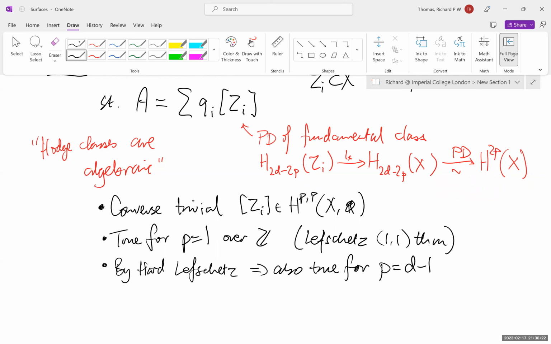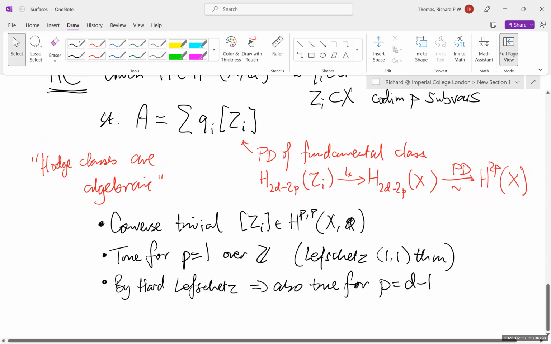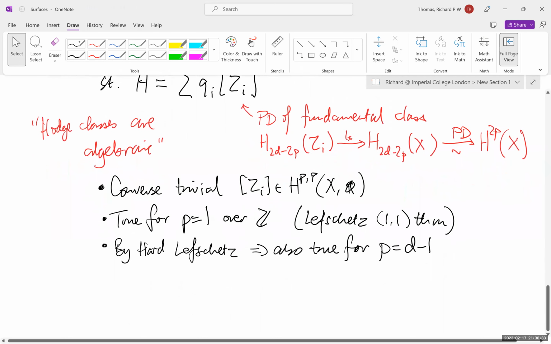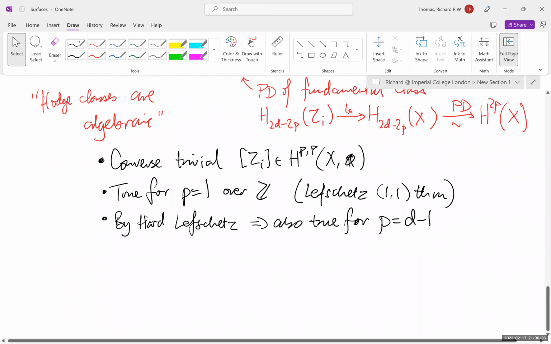So in the first case, for p equals 1, you're producing divisors. And we know that this (1,1) condition means that A defines a holomorphic line bundle, at least over the integers. And then using the ample line bundle, we can always produce meromorphic sections of that line bundle. And so we can produce divisors representing A.